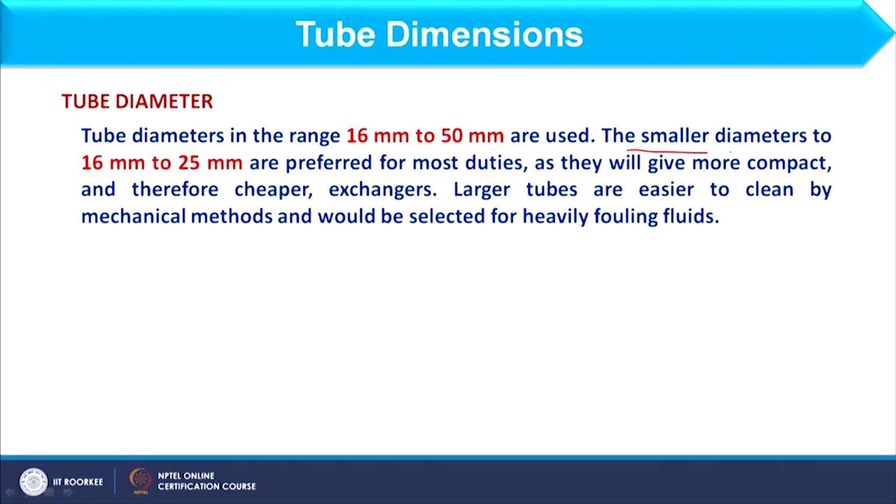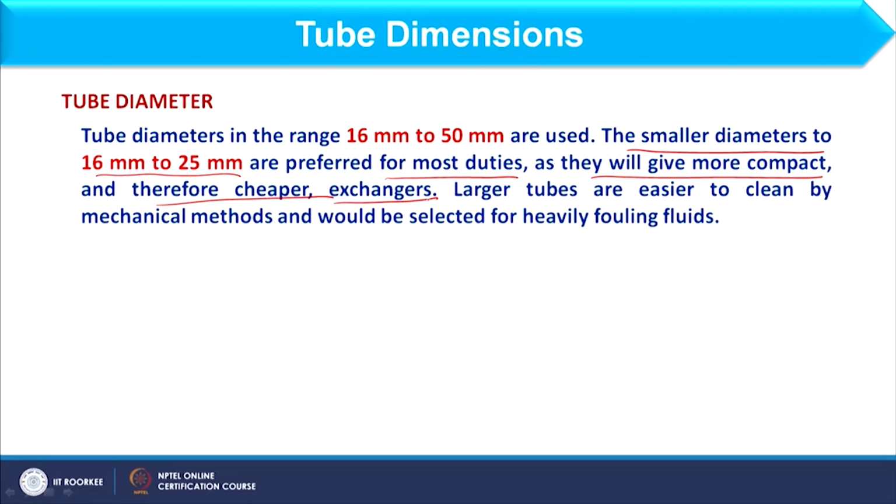So, smaller diameters like 16 mm to 25 mm are preferred for most duties as they will give more compact and therefore cheaper exchangers. Now, if I ask you what is the parameter which enhances the cost of a shell and tube heat exchanger, that parameter is the diameter of the shell, right.